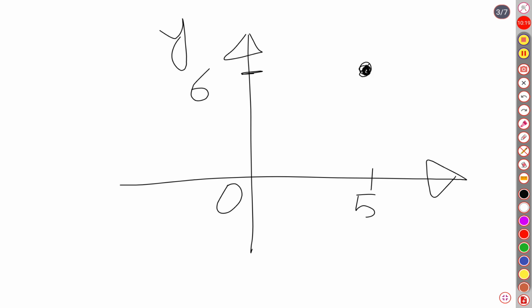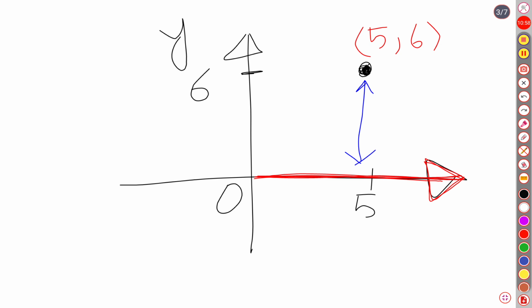Now they have told us to find the distance from the x-axis. Which one is our x-axis? We have not forgotten that the horizontal one is our x-axis. From this point (5, 6) we will find the distance from the x-axis. Our distance is actually this. How much is the distance from this point to the x-axis?